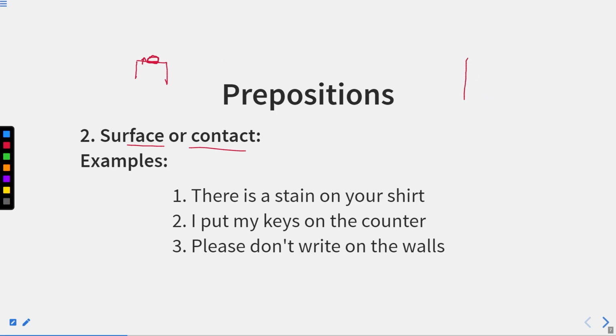But suppose there is a wall and a wall clock is hung over here. For this wall clock as well, we use on, just because it is touching the surface of this wall. It is not over the wall, but just on the wall because it is touching the surface of that particular wall. That is why we are using on.